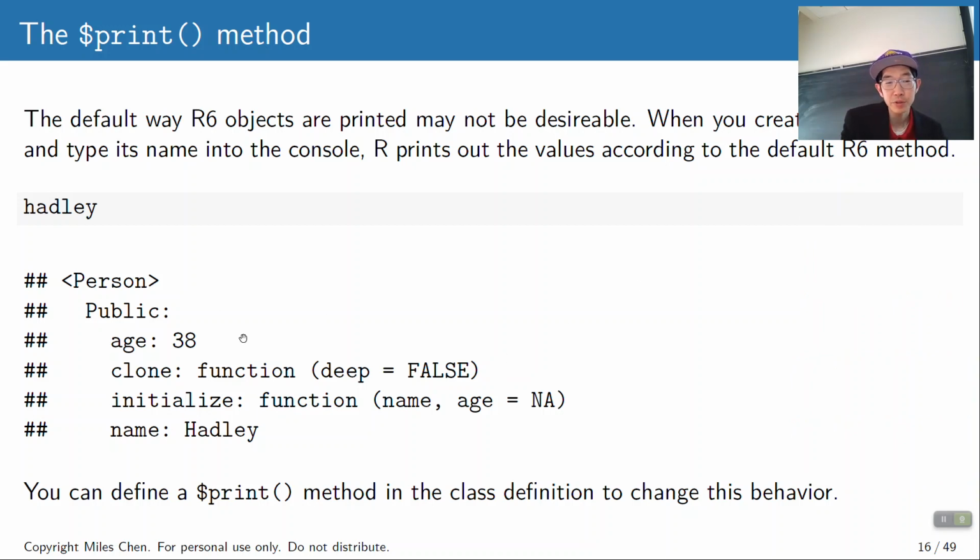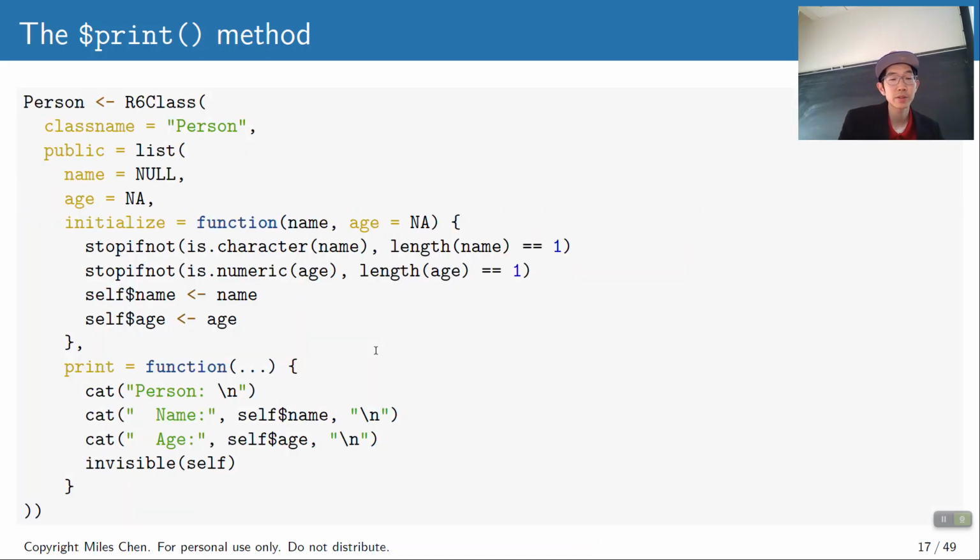And if we don't like the way this prints out, we can define a print method. So my definition just gets bigger now. Inside the public list, we have the same two fields, name and age. The initialize function is still the same as before, but now I am adding a print function.